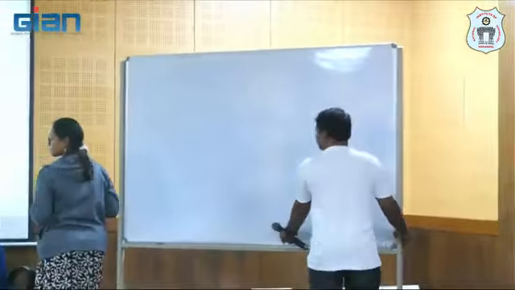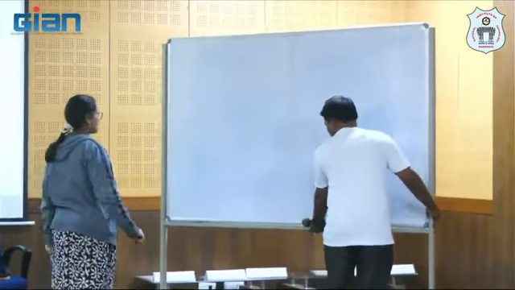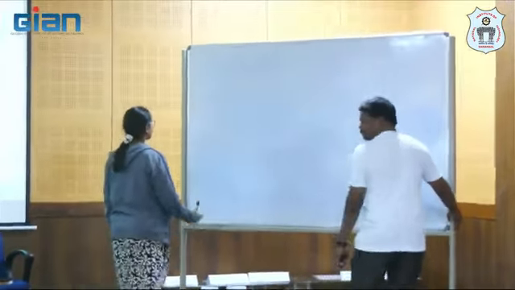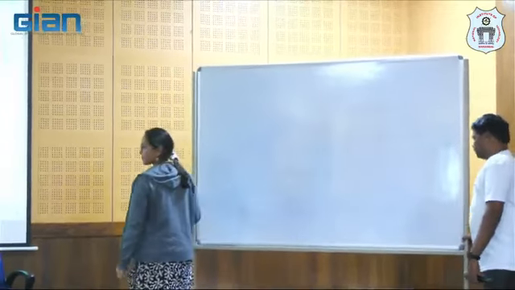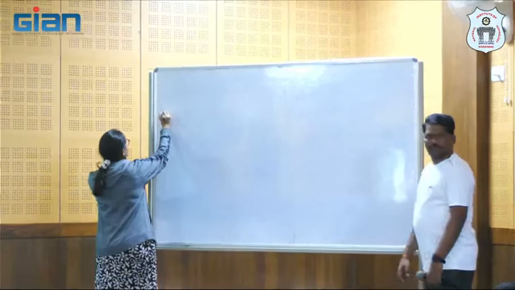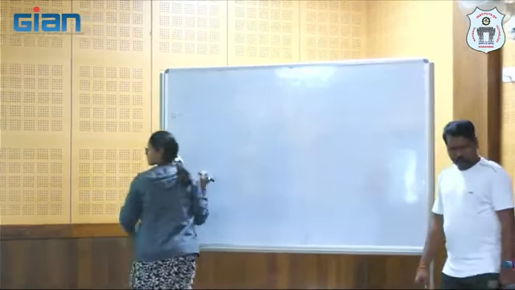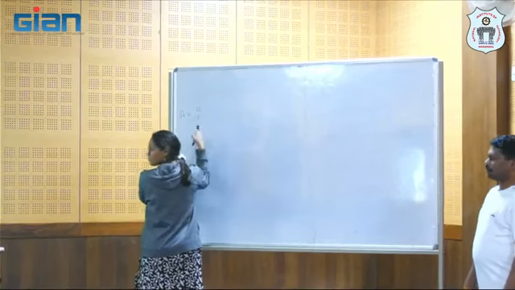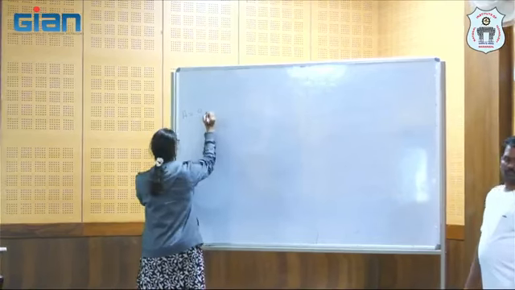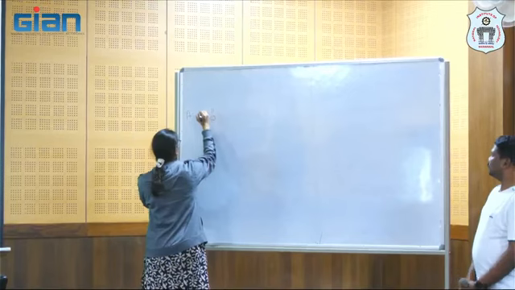Write a little bigger. Matrix A is 0 1, 1 0, a 2 by 2 matrix.